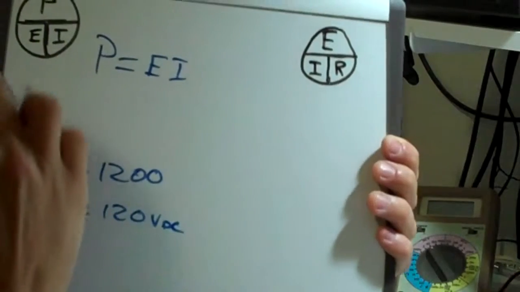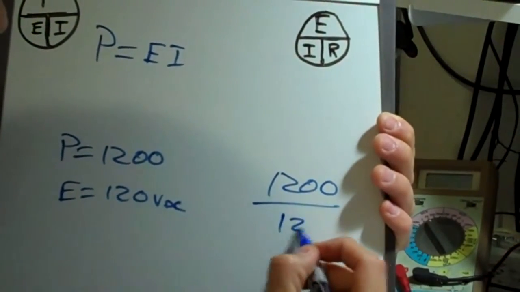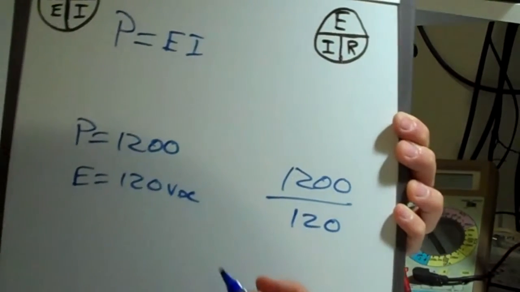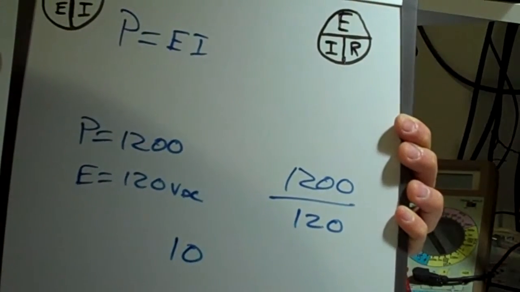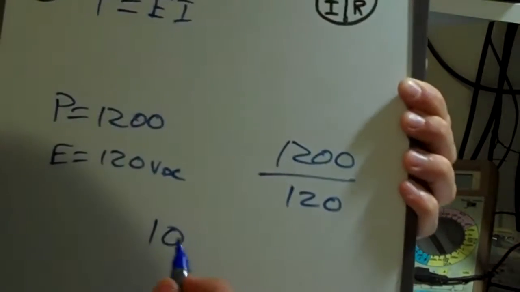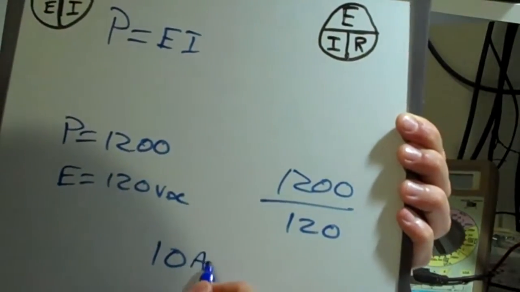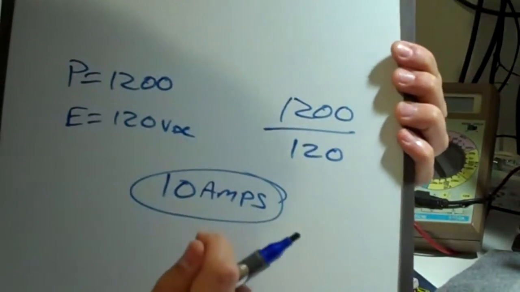So P over E is 1200 divided by 120. That's going to give us 10. So the answer is 10 what? We're looking for current, remember? So it's going to be amps. 10 amps. And there's your answer.